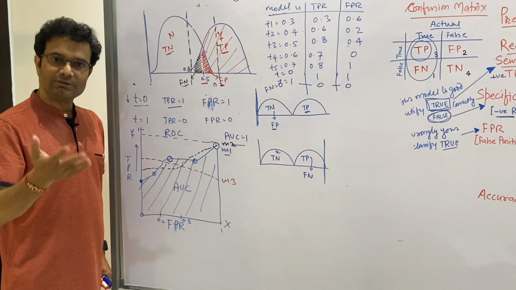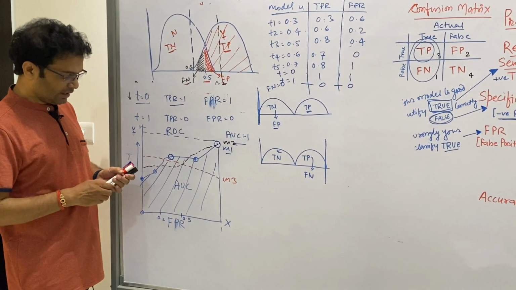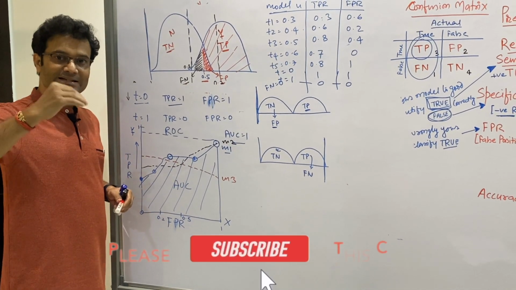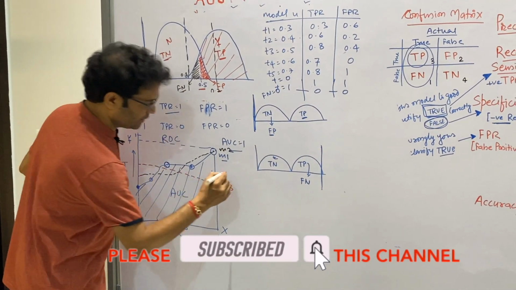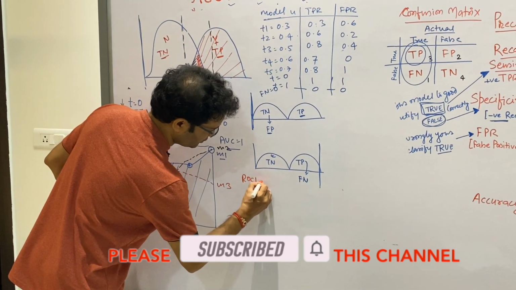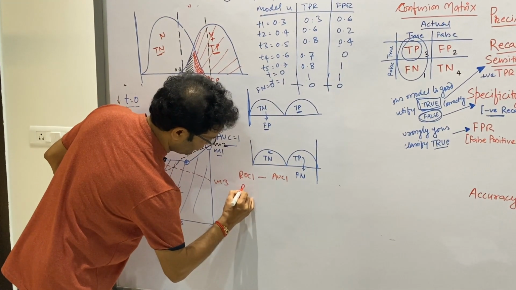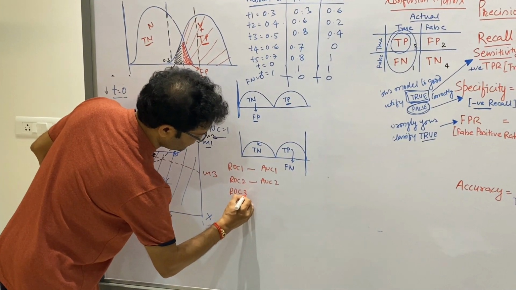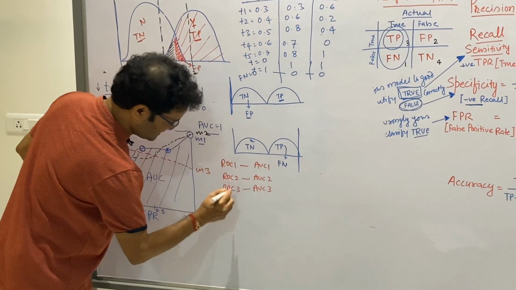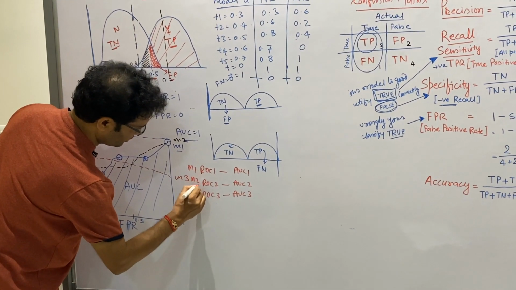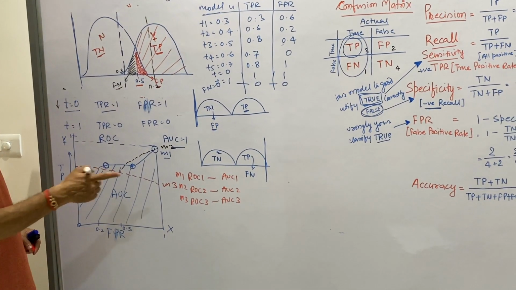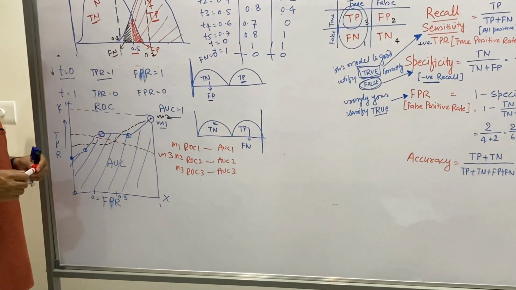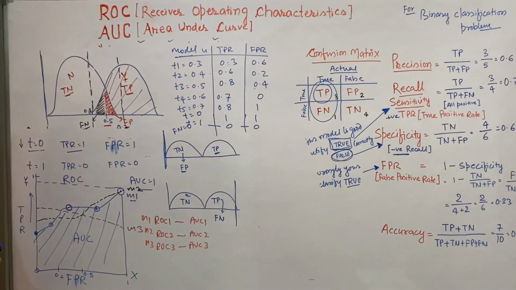For model 1, model 2, model 3. And you have to find out the AUC, meaning the area under each and every ROC. So for ROC 1, you will have AUC 1. For ROC 2, you will have AUC 2. For ROC 3, AUC 3. This is for model 1, this is for model 2, this is for model 3. Whichever area is greater, that model you should choose. Right? That's why the AUC is really useful.